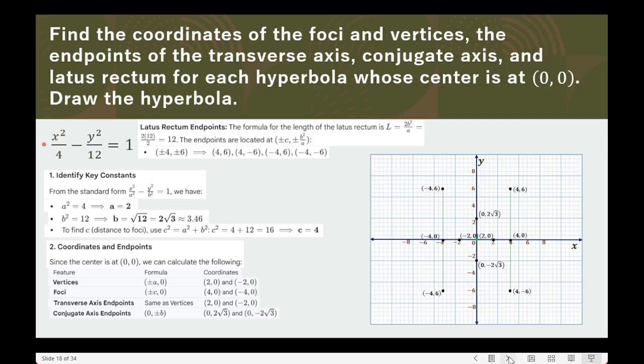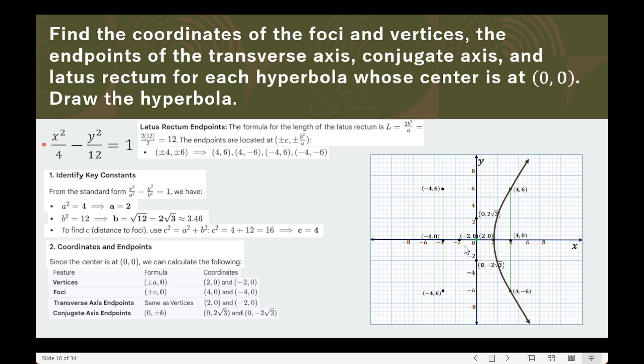Then you draw a segment connecting the endpoints, and this segment passes through the focus coordinates negative 4, 0. With these points, we can now sketch the curve of the hyperbola starting from the vertex going up and passing through one of the endpoints of the latus rectum, and we draw the other half from the same vertex going down and passing through this coordinate.